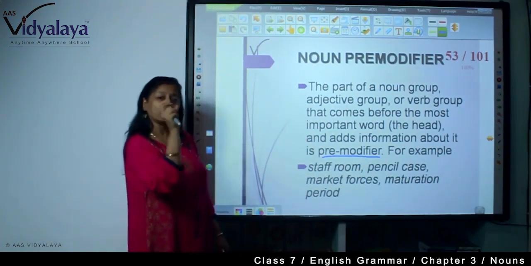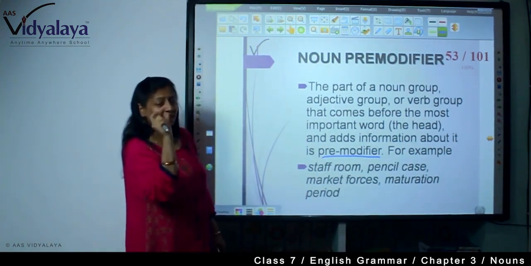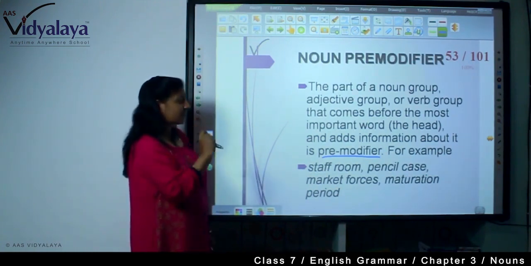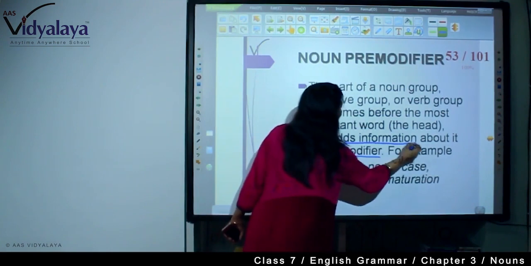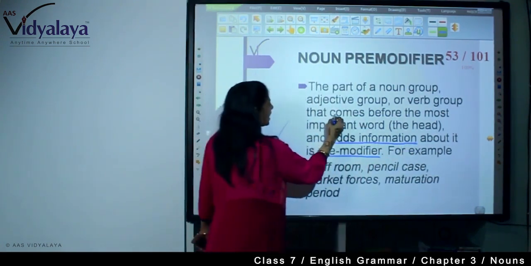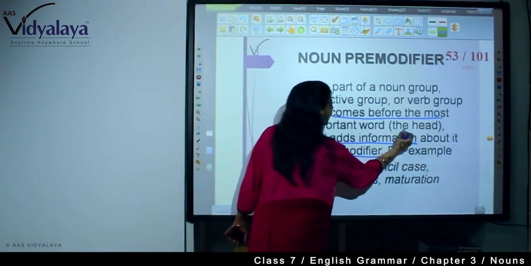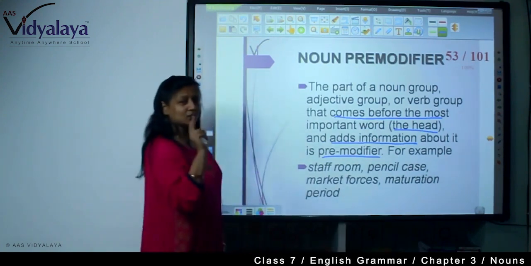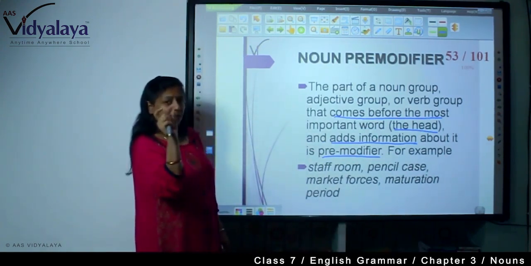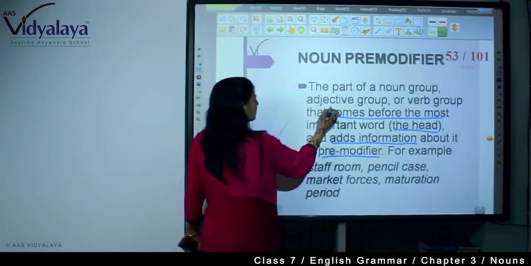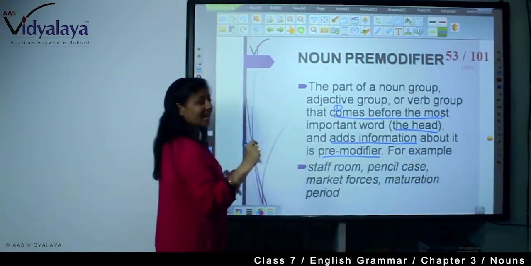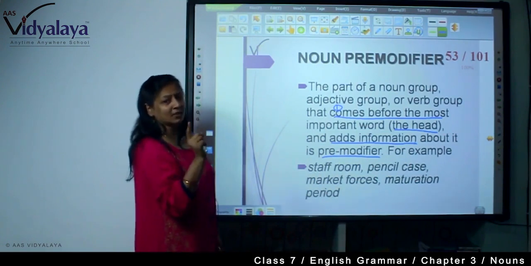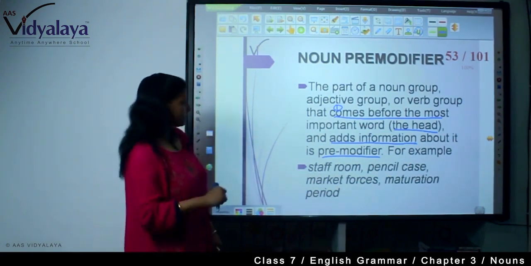It comes before the head noun, the head word, and modifies it, adds information about it. These are the two clues. It comes before the head word and it adds information about that word. So this is called a pre-modifier.